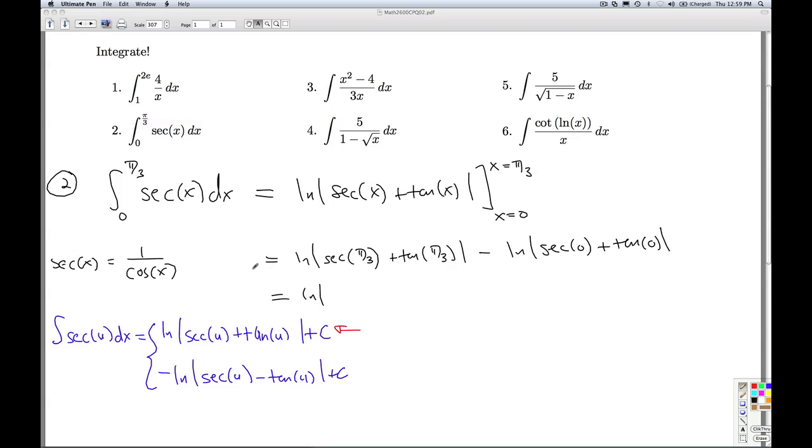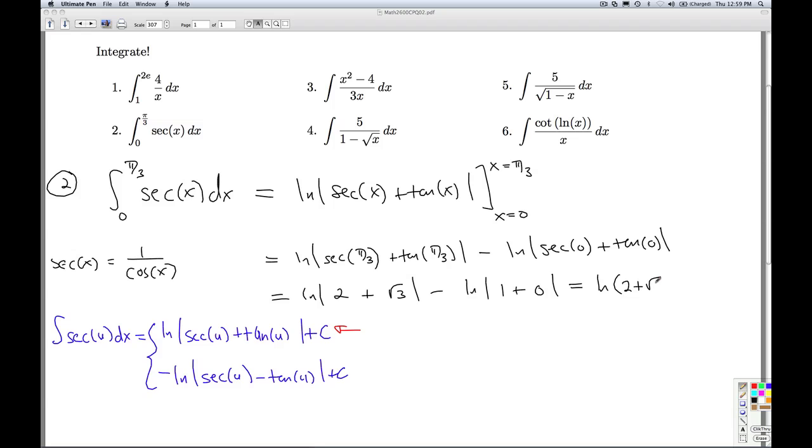Secant of pi over 3 is 1 over the cosine of pi over 3. The cosine of pi over 3 is a half, so the secant is 2, plus the tangent of pi over 3, that's square root 3, minus the natural log of the absolute value. Secant of 0 is 1, tangent of 0 is 0. And so I get the natural log of 2 plus radical 3.